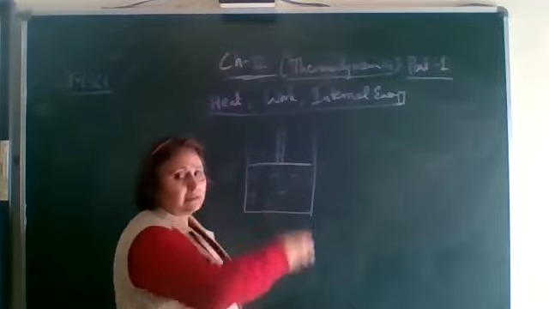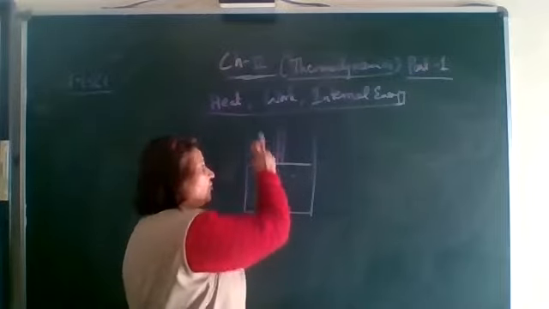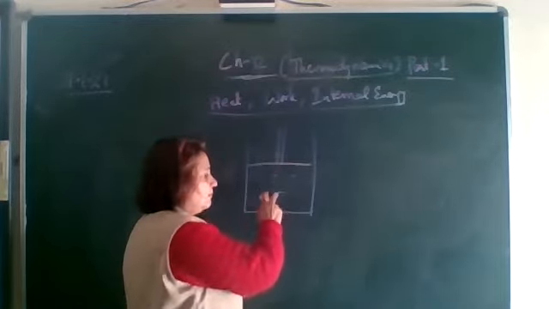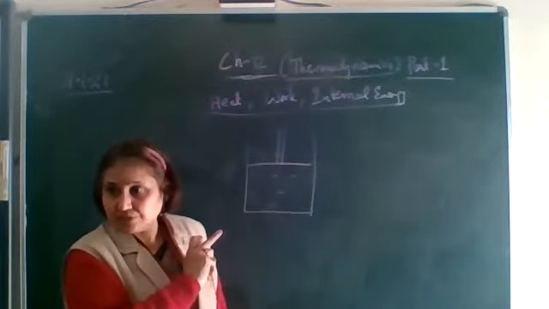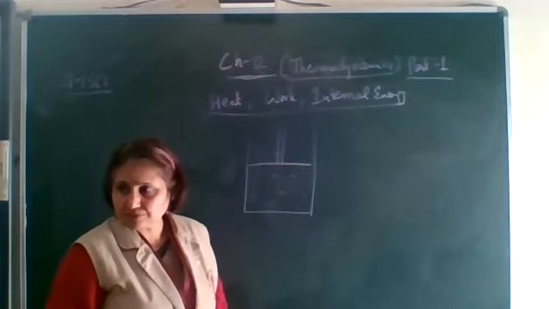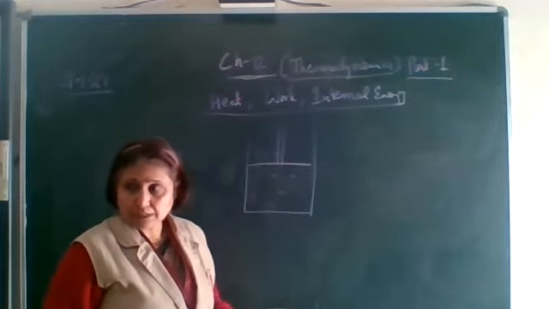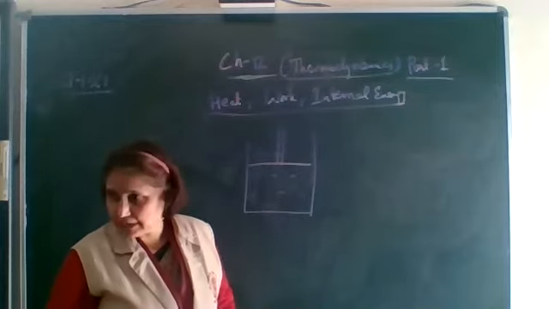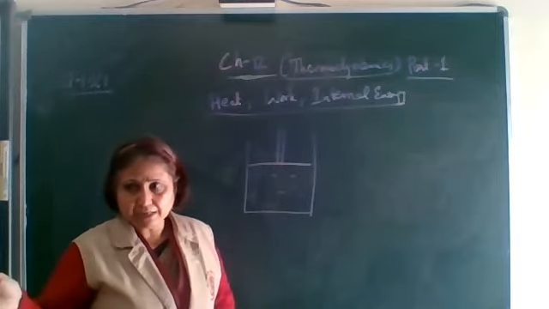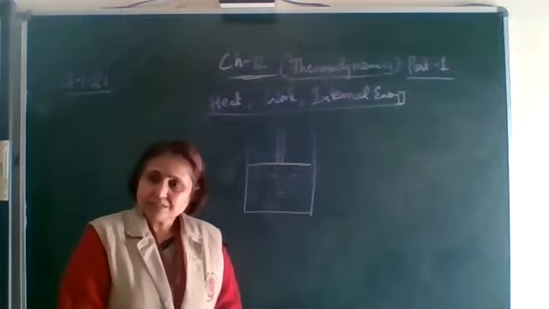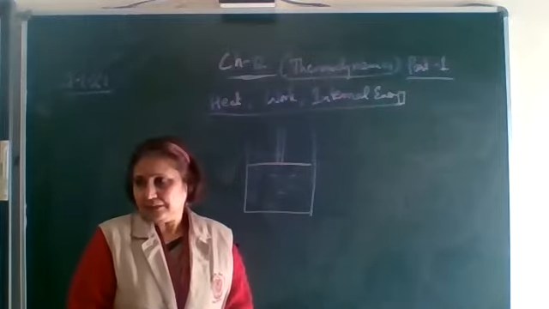Either you can think that the piston is moved upwards or downwards. Piston moved upwards means the gas will expand. Piston moved downwards means the gas will compress. In both cases, some work will be done. It may be done by the gas or on the gas. That will come later. So some work is done in compressing or expanding the gas.